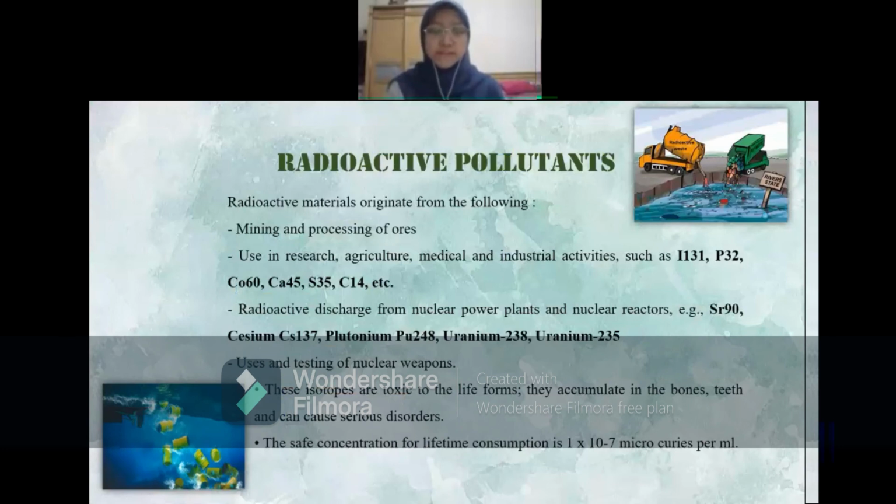And the last classification of water pollutants is radioactive pollutants.